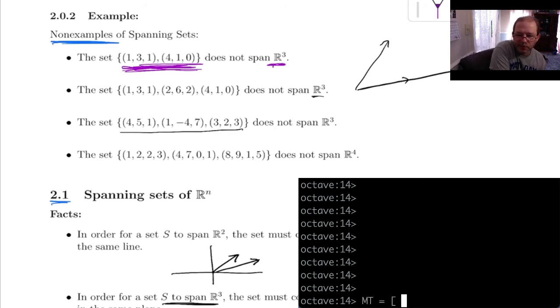I'm calling it MT for transpose, because basically what we'd want to do is set up c1 times (4, 5, 1) plus c2 times (1, -4, 7) equals (3, 2, 3).